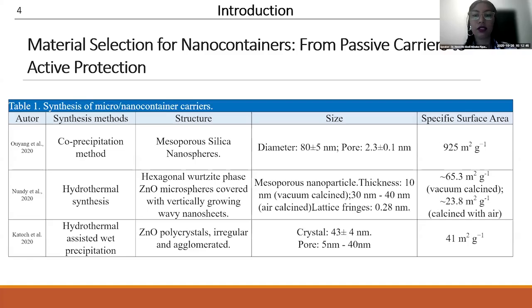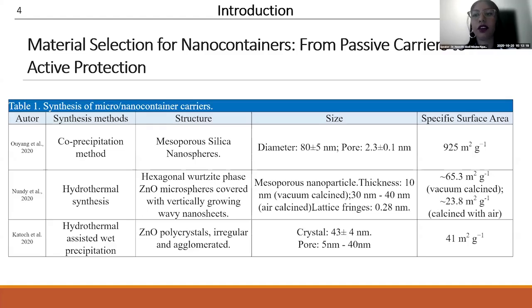However, silica doesn't actively protect the metal. So, as a proposal, the zinc-based materials can offer multi-functionality. Zinc oxide not only acts as a sacrificial pigment and forms a stable passivating layer, but as a semiconductor, it can also delay electrochemical reactions at the metal surface.